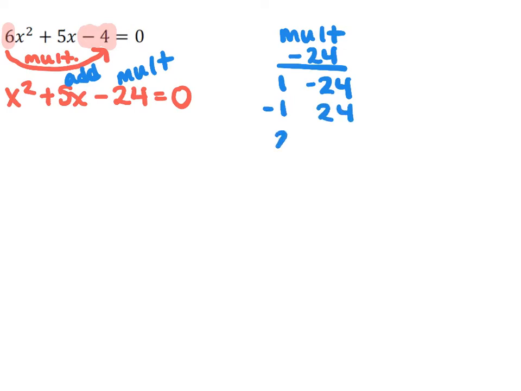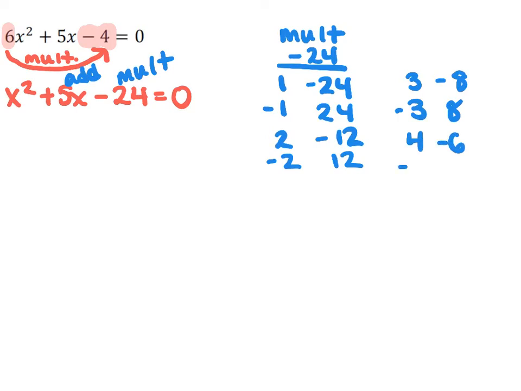Then you could have positive 2, negative 12, negative 2, positive 12. If I were to divide 24 by 8, you get 3, so positive 3, negative 8, or negative 3, and positive 8. If I divide 24 by 6, you get 4. So you'll have positive 4, negative 6, and negative 4, positive 6.